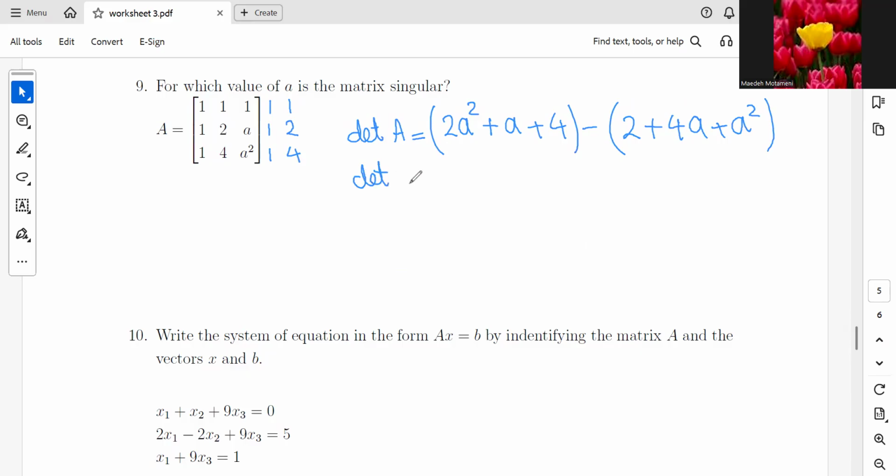So we simplify this. We're going to have 2A squared plus A plus 4 minus 2 minus 4A minus A squared.